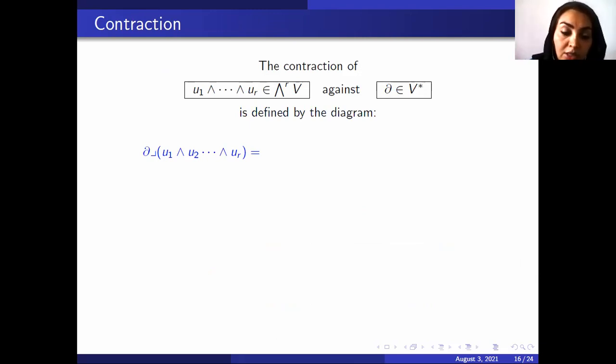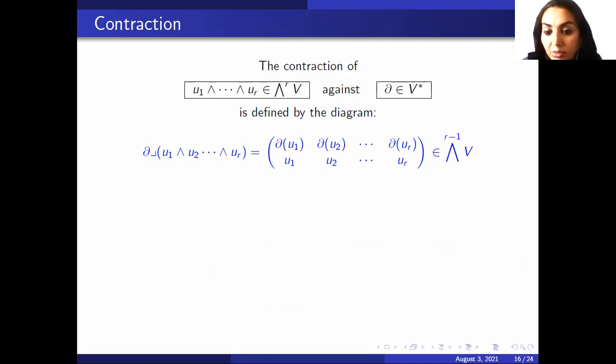Delta contraction with U1 up to UR is like a determinant. When you take an element of wedge R V and apply delta, you take the contraction, and you fall into wedge R minus 1.